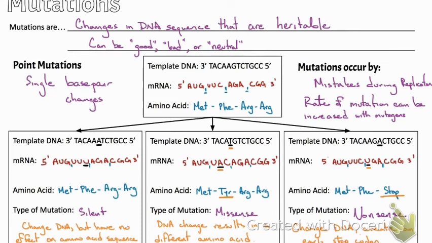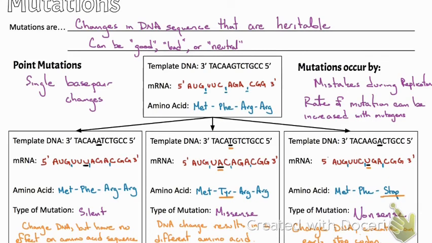So in summary, what we've looked at here are changes in DNA, and again, these changes from one generation to the next are known as mutations. We've talked specifically about point mutations in which one nucleotide is swapped for another one. There are additional types of mutations, known as insertions and deletions, that also will affect DNA sequence, mRNA sequence, and amino acid sequence.